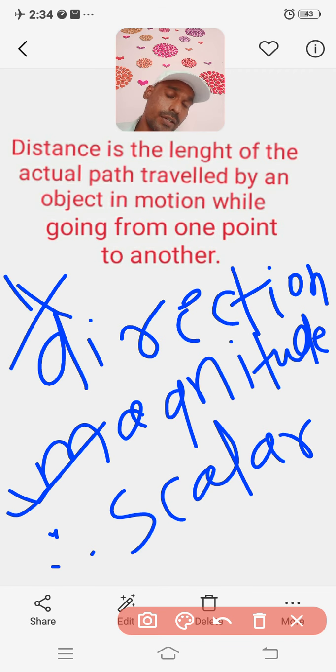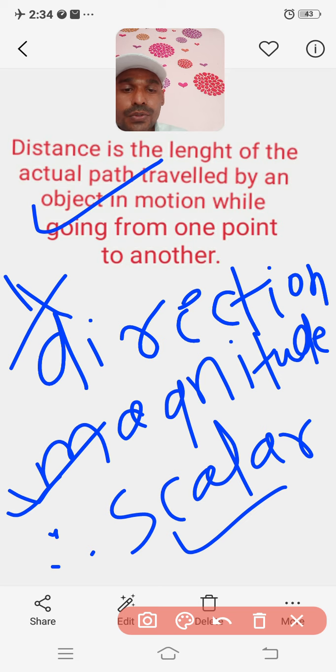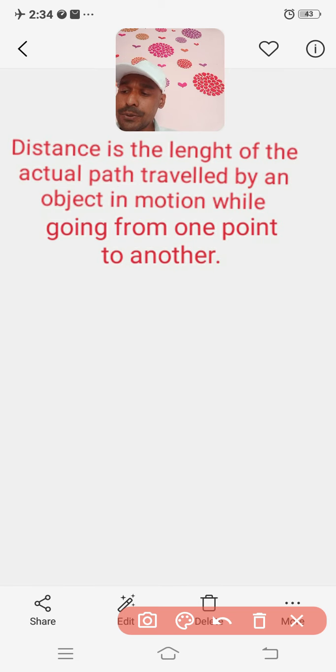I think we understand the definition of distance and its quantity. So I tell you the unit for distance. Listen carefully, all students.